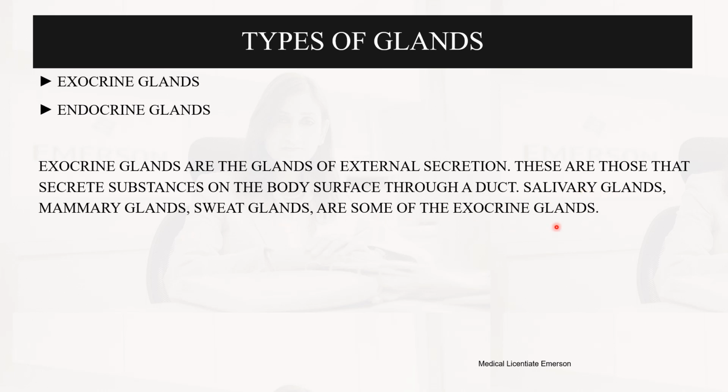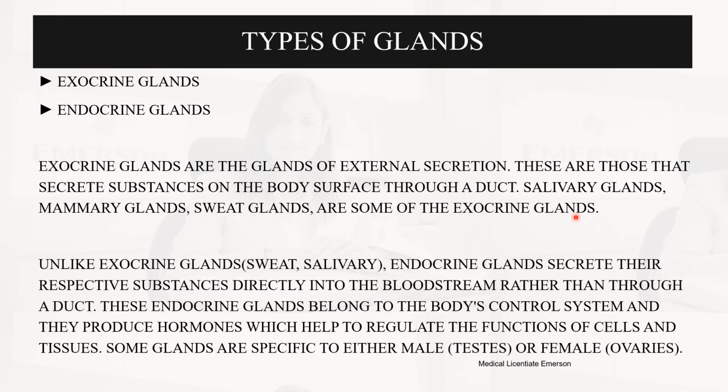Unlike exocrine glands, endocrine glands secrete their respective substances directly into the bloodstream rather than through a duct. So in short, endocrine glands are ductless.